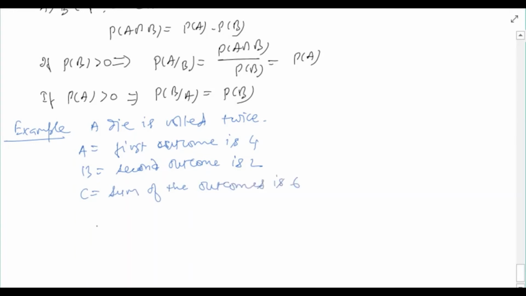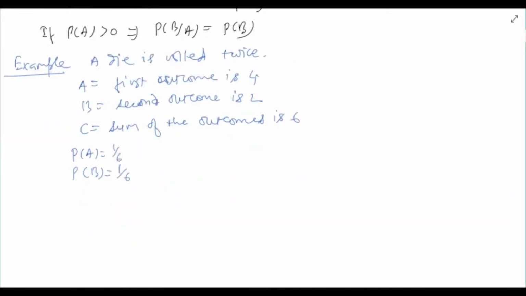Then clearly probability of A is 1 by 6. Probability of B is also 1 by 6. C is the event (1,5), (2,4), (3,3), (4,2), (5,1).